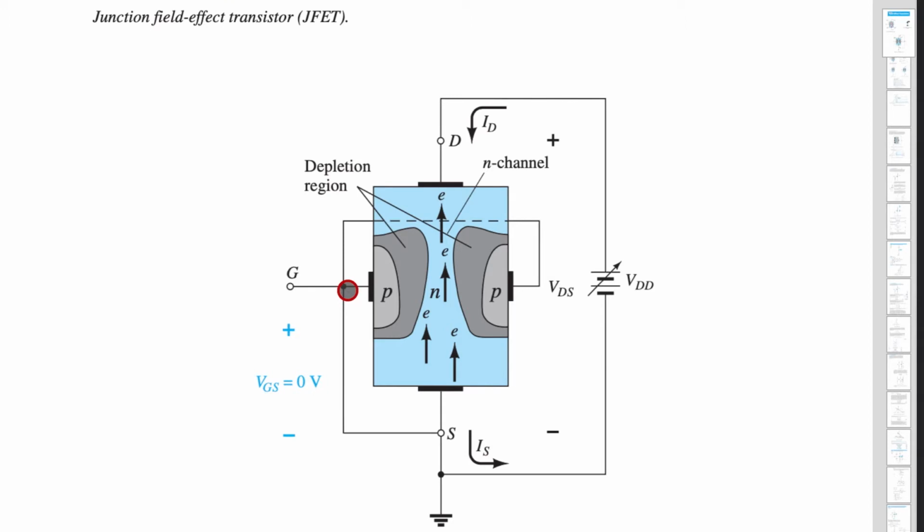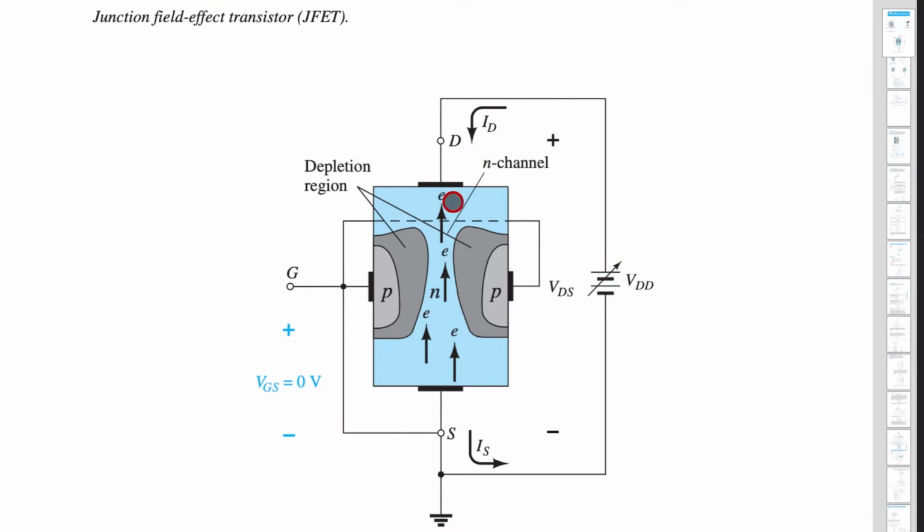During this time, what happens? Electrons will start to flow because there is a VDD. Between drain and source, VDS, we have given some voltage which is greater than 0. There is nothing new here, we just have connected 0. So this is 0 and this is some potential.